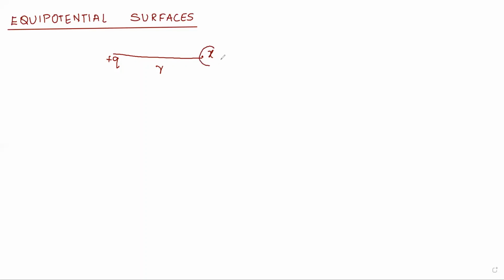At this point, that is at x, the potential will be Vx is equal to 1 by 4 pi epsilon naught q by r.